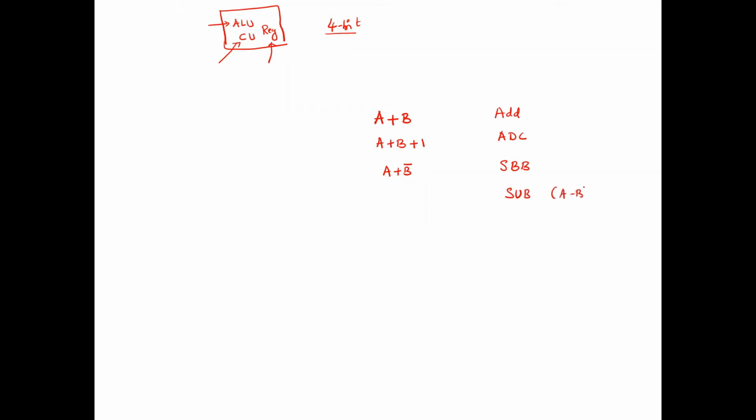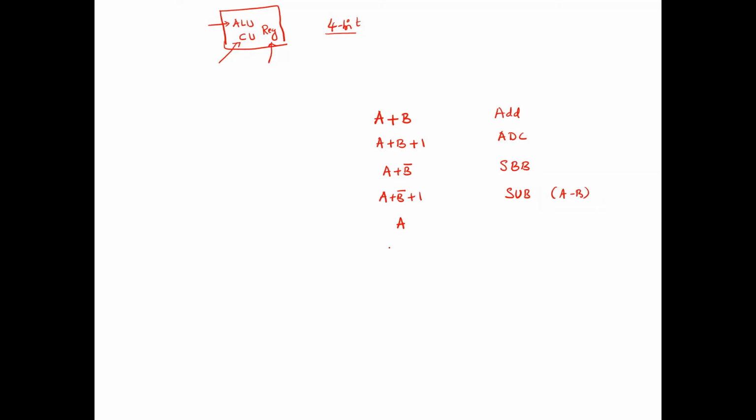A minus B, right? So how do we write A minus B? A plus B bar plus 1, right? Now if you want to transfer one content to another register, then we can have something like this, A. The value of register A needs to be transferred. Whether it is 0 or 1, we will see it later.